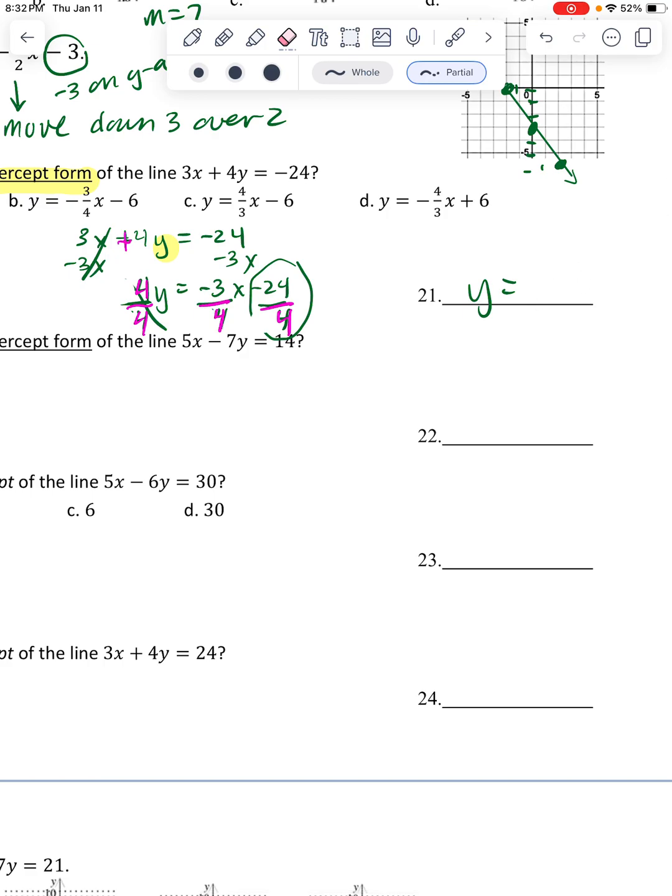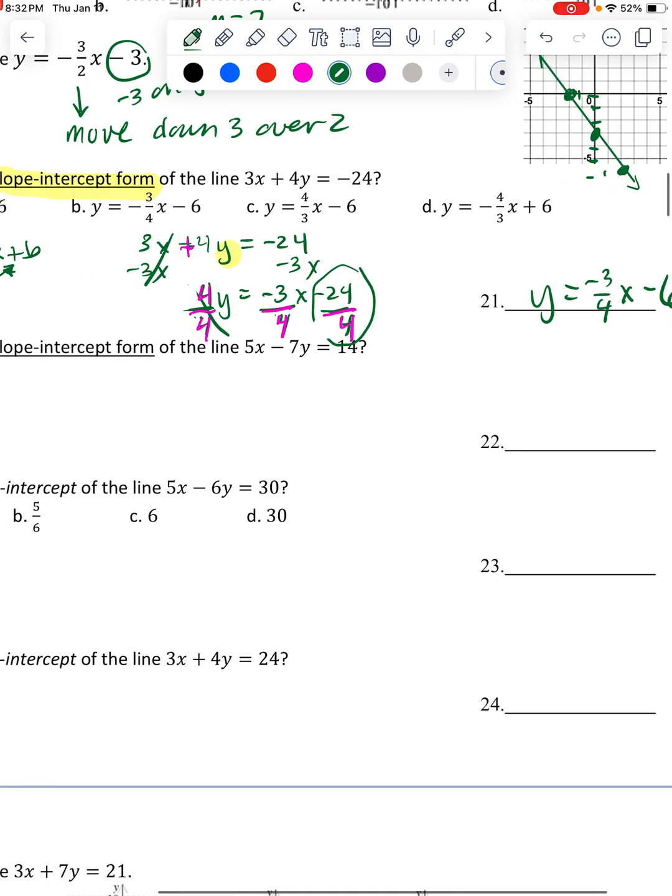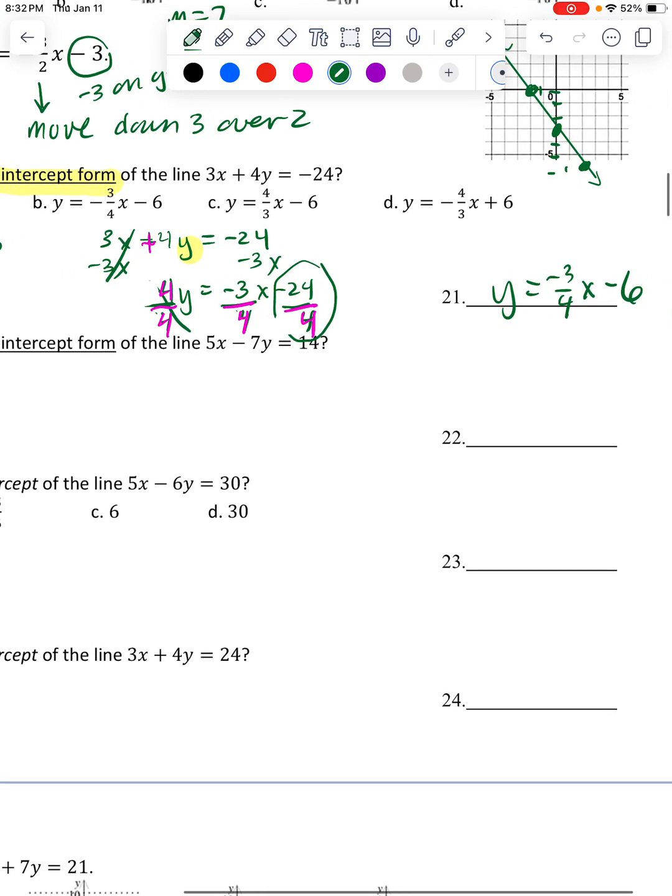And so here, I'm going to have -3/4 x, and then 24 over 4 reduces to 6. So that's going to be my line. Oops, multiple choice. So -3/4 x minus 6 is choice B.